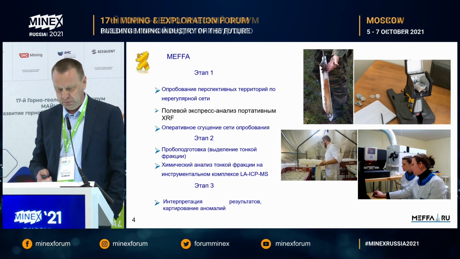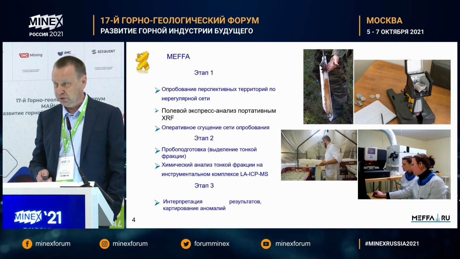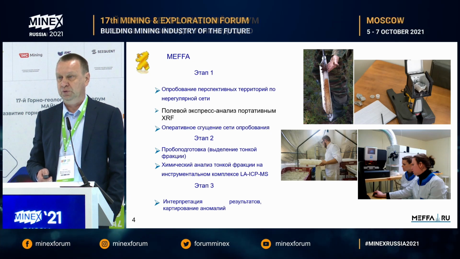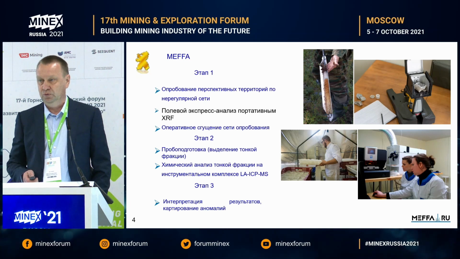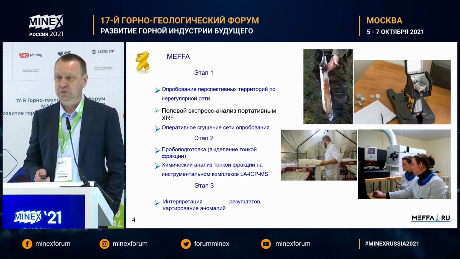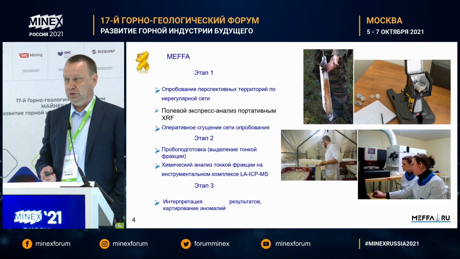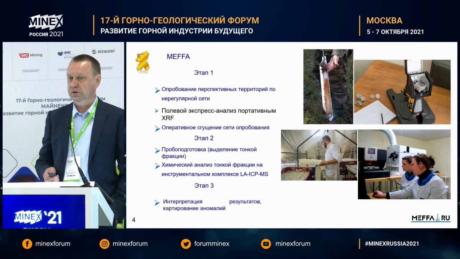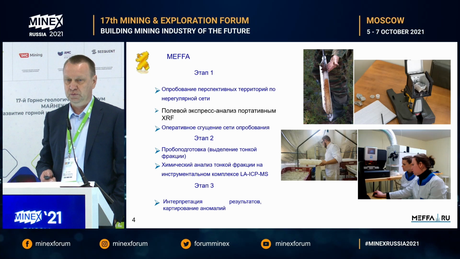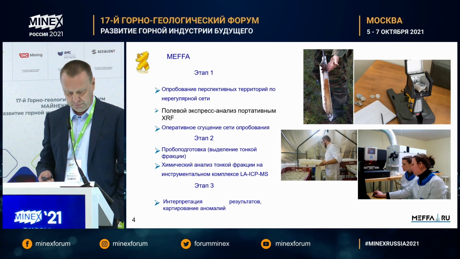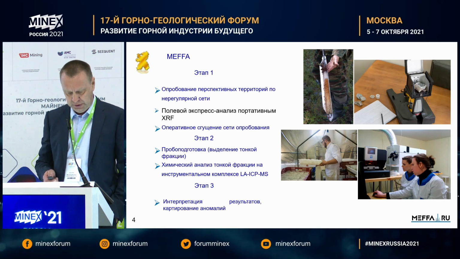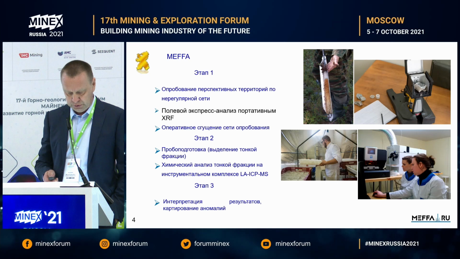In the first phase, all samples are processed via X-ray fluorescence analysis in order to understand if there are any satellite elements. We will definitely be looking for gold, but at the first phase, in order to enhance the density, we run all samples the same day via the X-ray fluorescent machine, which is a mobile one.